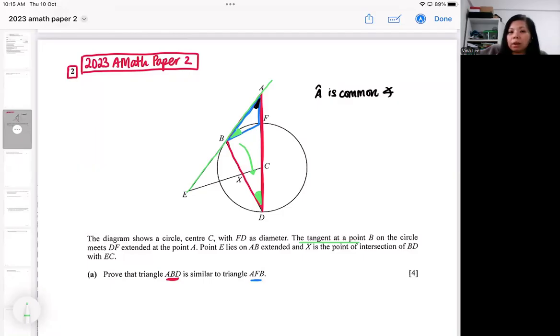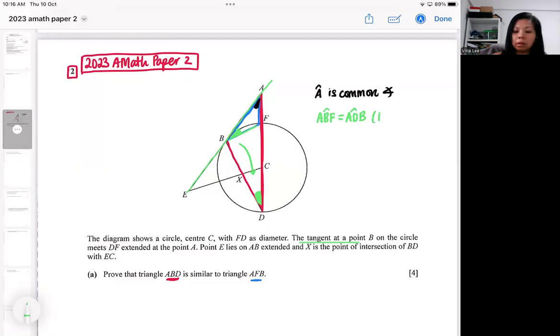So in the blue triangle, you can see that this angle is made by tangent chord. So ABF is actually the same as ADB, that is in the red triangle.